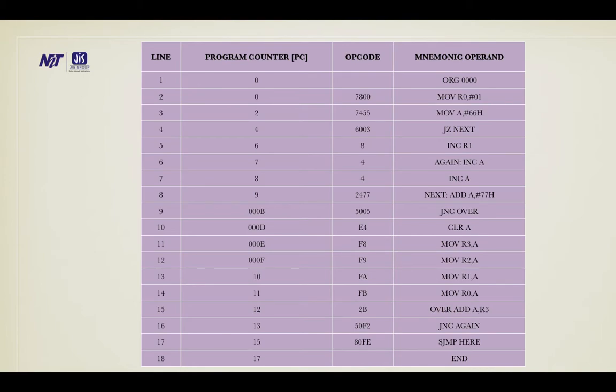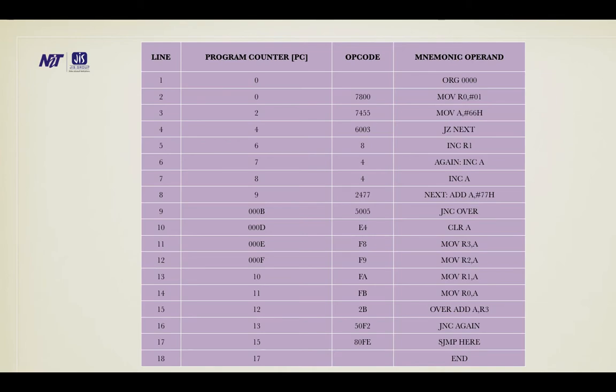INC R0, opcode 08, program counter 6. Again INC A, program counter 7, opcode 04. Next ADD A, #77H, opcode 2477, program counter 9. JNC over, opcode 5005, program counter 000B. Then CLR A, opcode E4, program counter 000D.